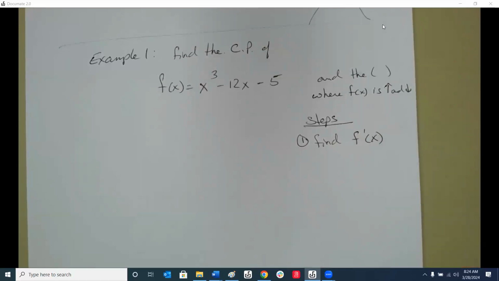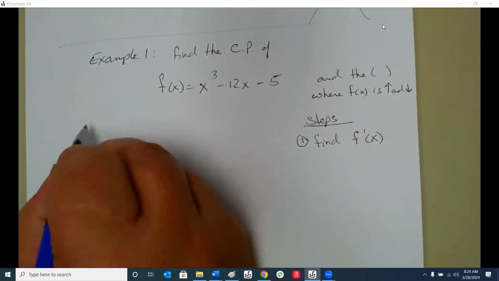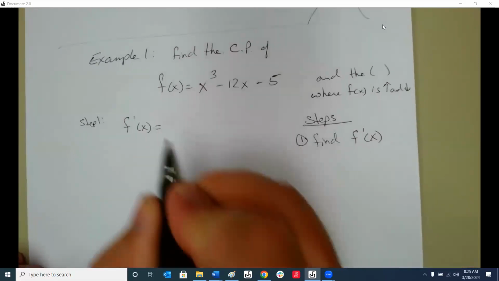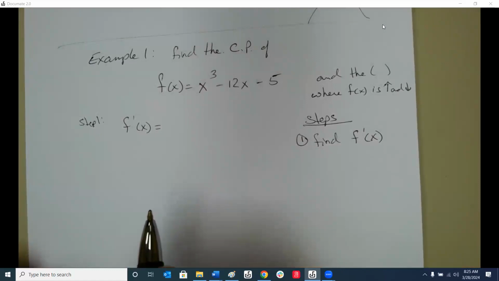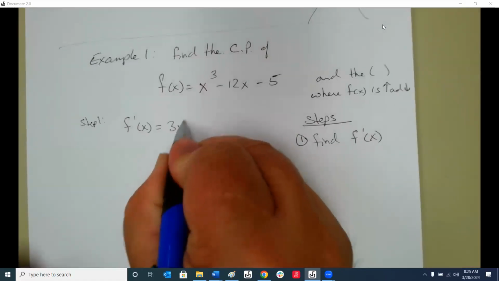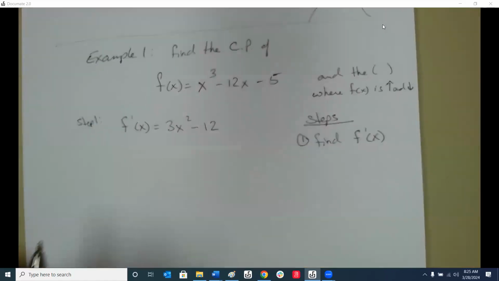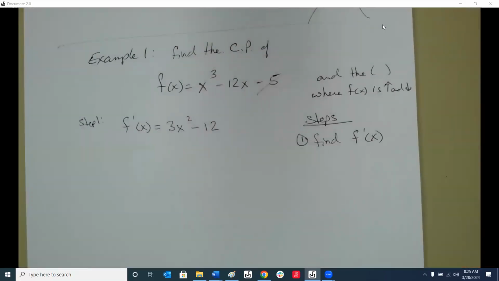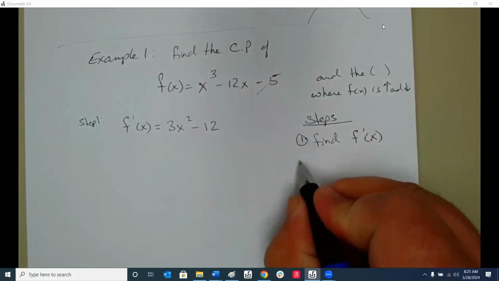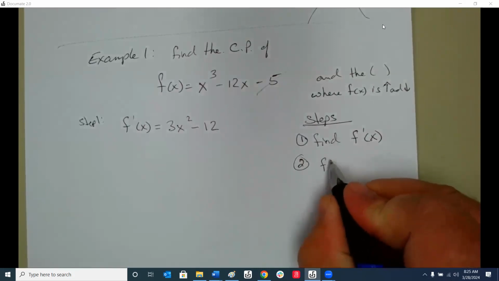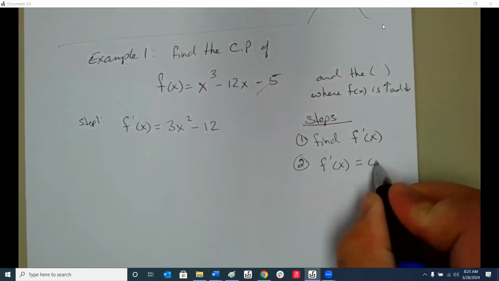Find the first derivative. So this is step 1. F prime, what does f prime equal? 3x squared minus 12. And then that's a constant, disappears. Second step. Set it equal to 0.